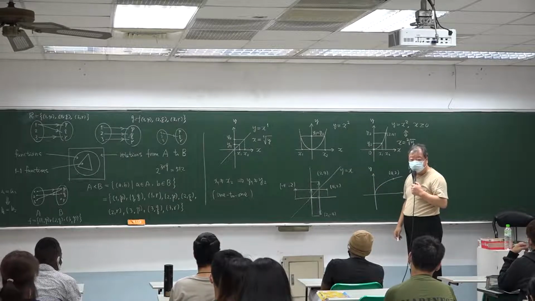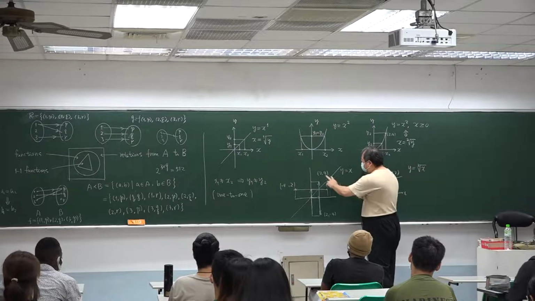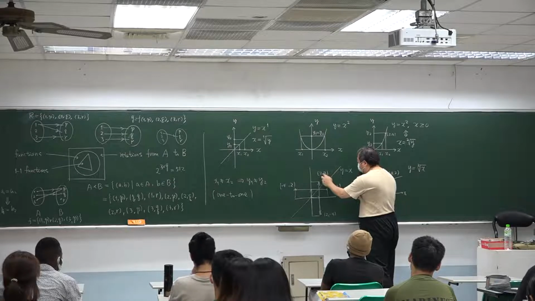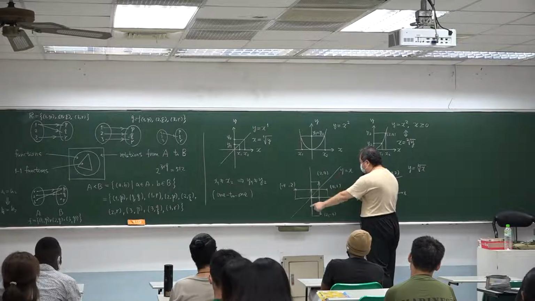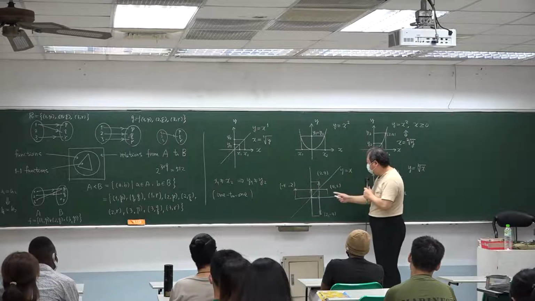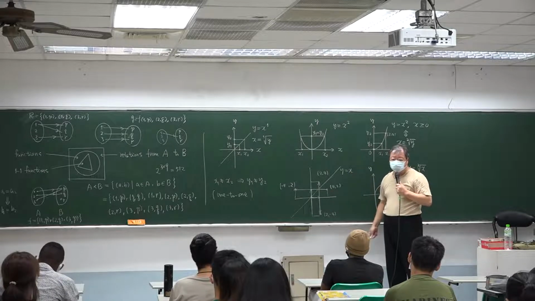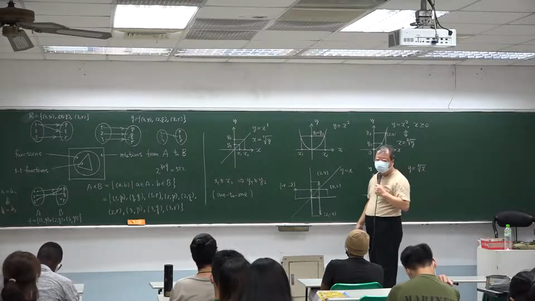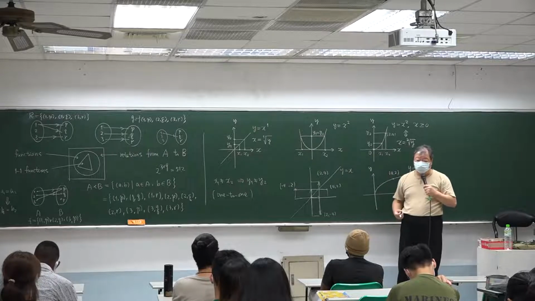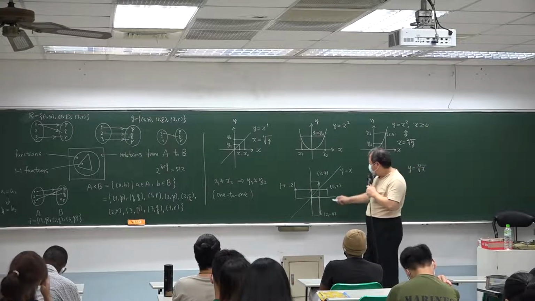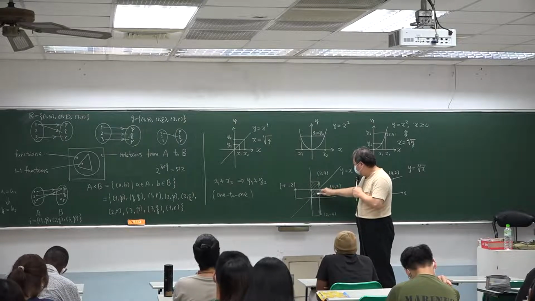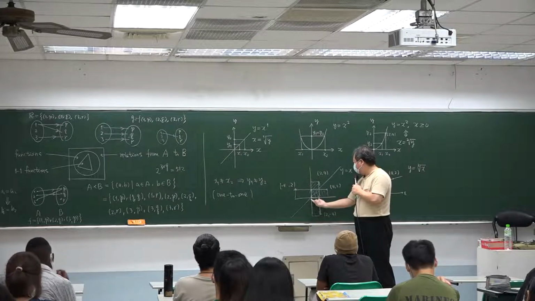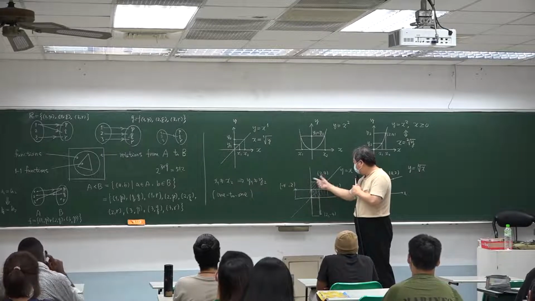Okay? So interchanging the coordinates of a point just reflects this point about this line to this position. Got it? Yes. 2, 4.